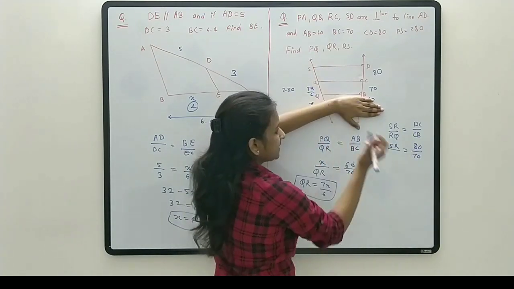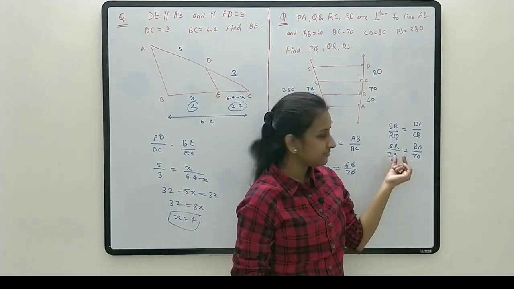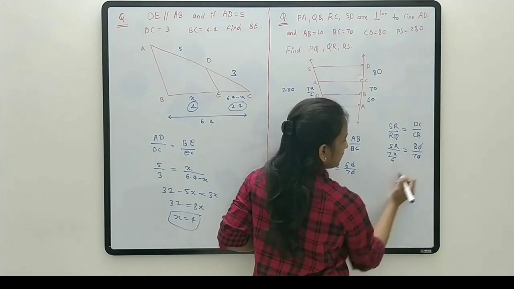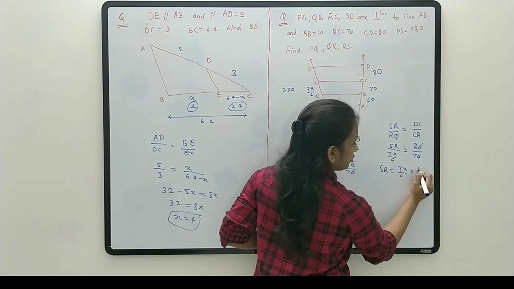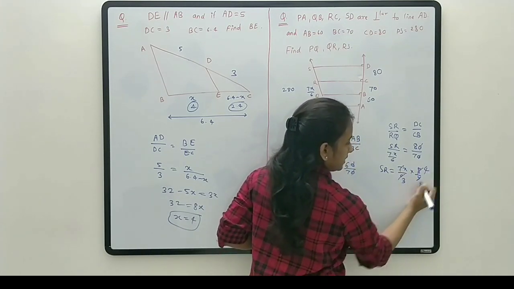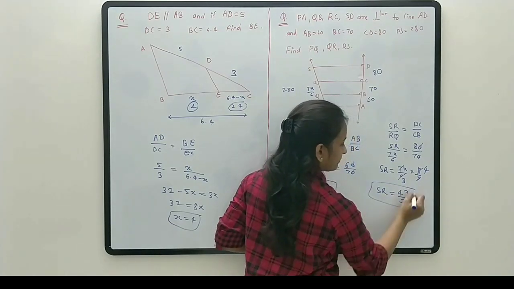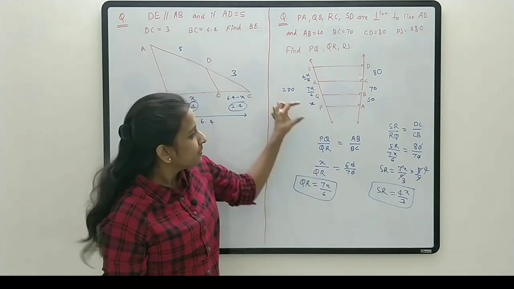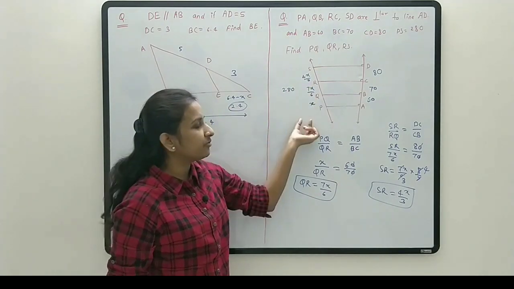And RQ is nothing but 7x by 6. If we solve this, we will get the SR value in terms of x. So SR is equal to 7x by 6 into 8 by 7. This gets cancelled. So the SR value is 4x by 3.